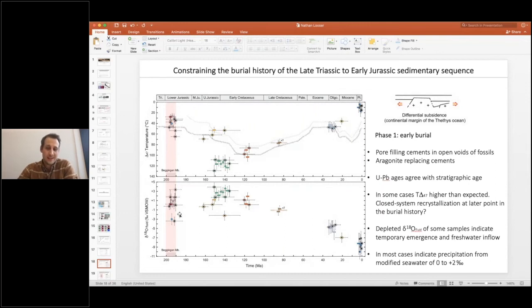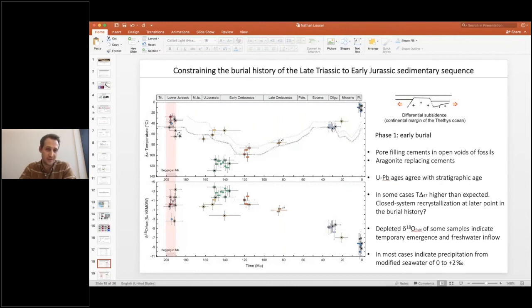And what we see is that the uranium-lead ages agree very well with the stratigraphic age of the Bagging member, which is 219 million years. And the temperatures are more or less what you would expect for early burial, between 30 and 40 degrees.